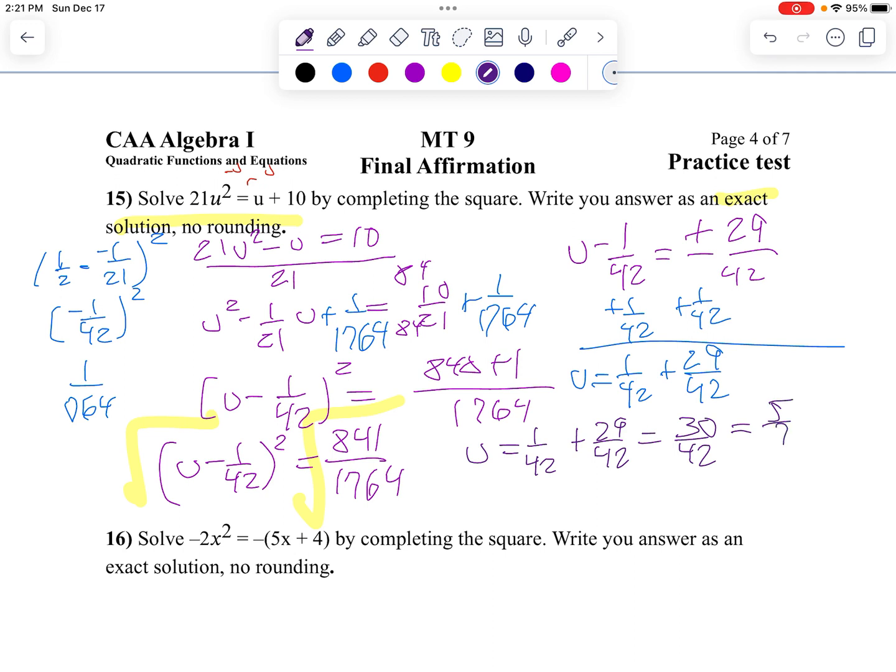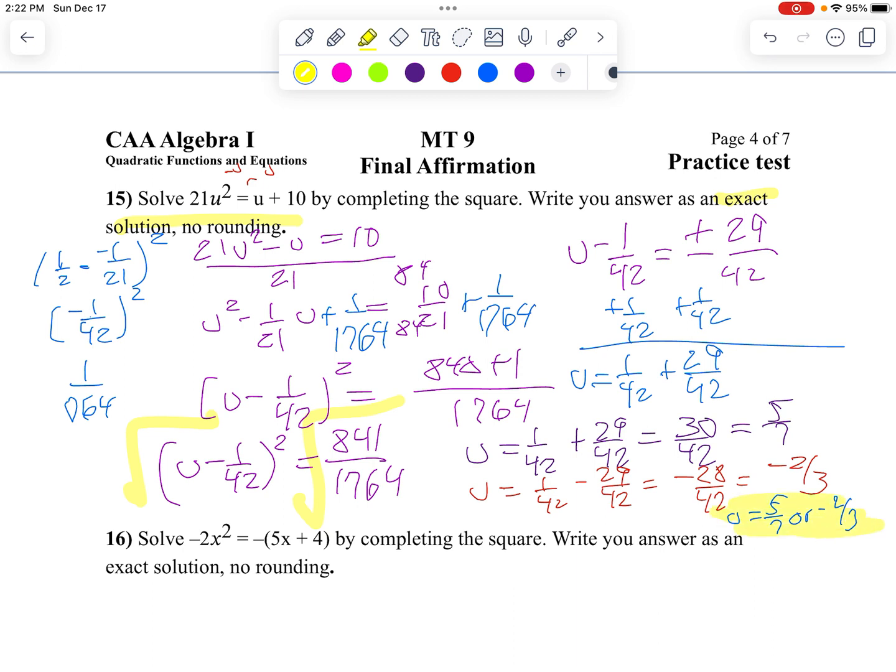Then if I do u equals 1 over 42 minus 29 over 42, I'll get negative 28 over 42. Well, 14 goes into both of those, so I'll get negative 2/3. Kind of ran out of room here. So u equals 5/7 or negative 2/3. And there's your answer for question number 15.